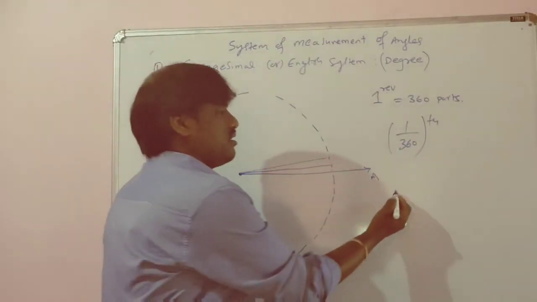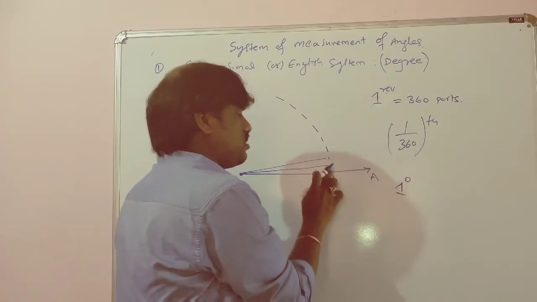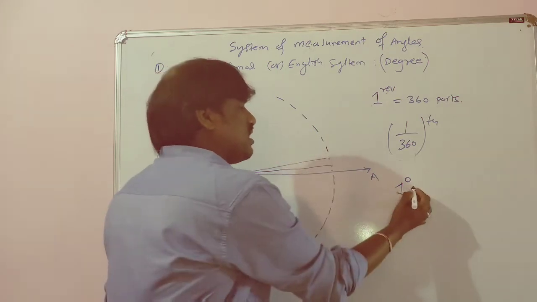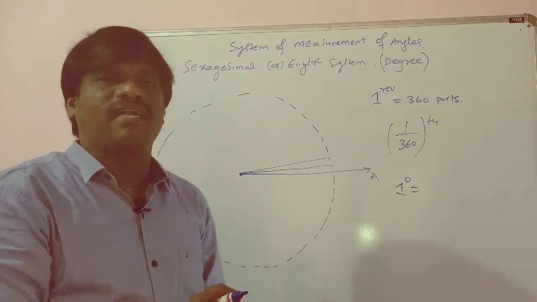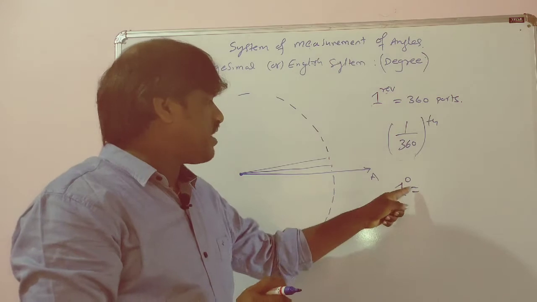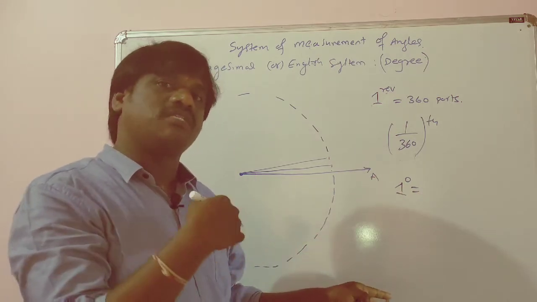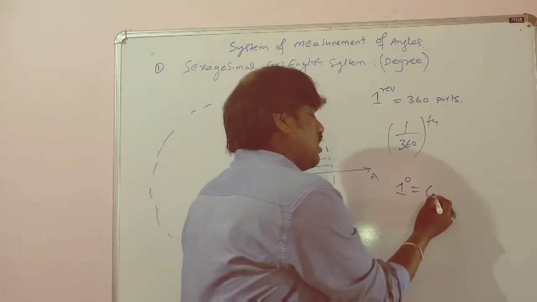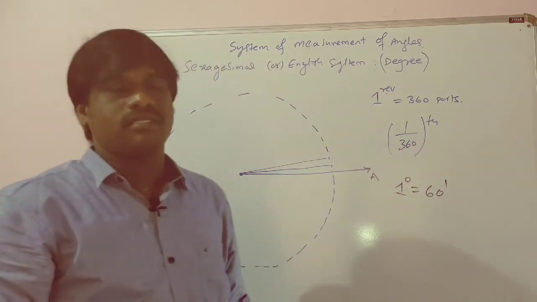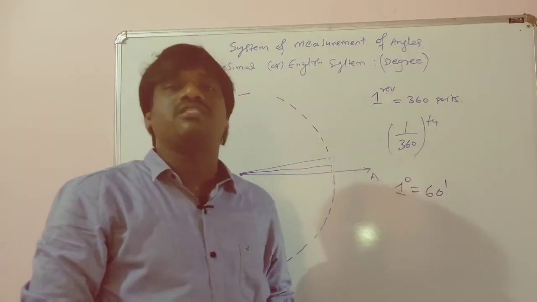After this, that 1 degree is divided into 60 equal parts again. If you divide 1 degree into 60 equal parts, each is called a minute. So 1 degree is equal to 60 minutes.